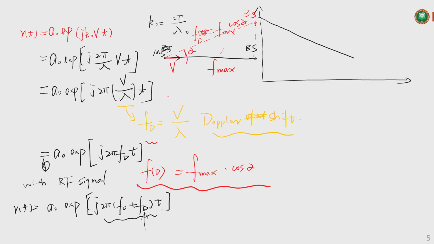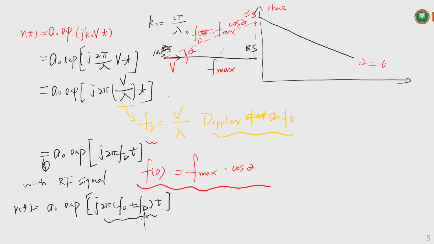So when we come back to the phase evolution, for example, if this line is for alpha equals 0 degree, the maximum.